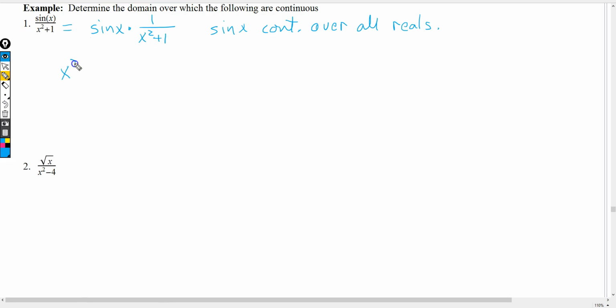Remember, if you tried to solve, you would get x squared equals negative 1, but there is no solution to that. No solution. Okay, so 1 over x squared plus 1 is also continuous over all the real numbers, and so therefore this function is continuous over all the real numbers as well.